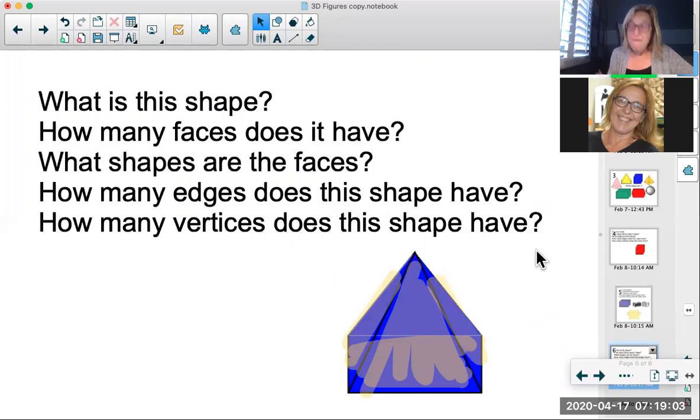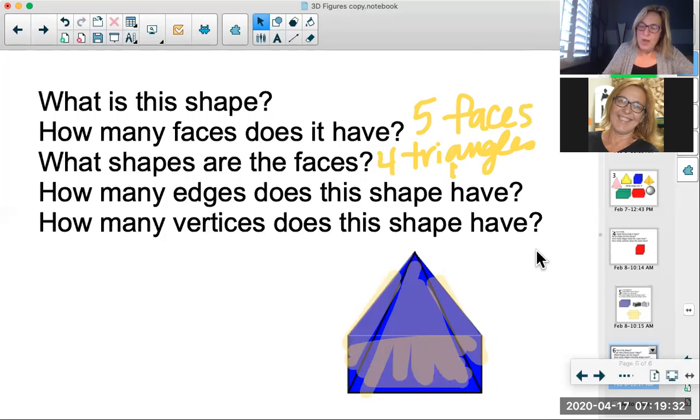So I count 4 triangle faces and 1 rectangle face. That would be a total of 5 faces. No, sorry about that, 4 triangles and 1 rectangle face.